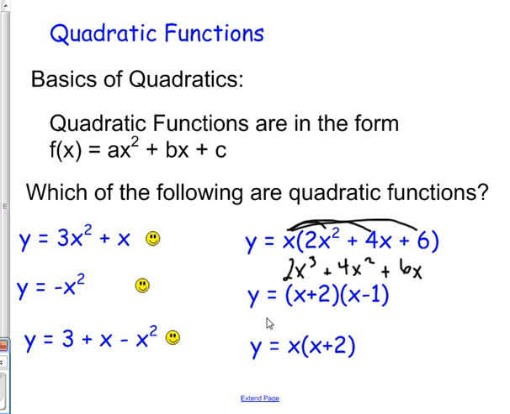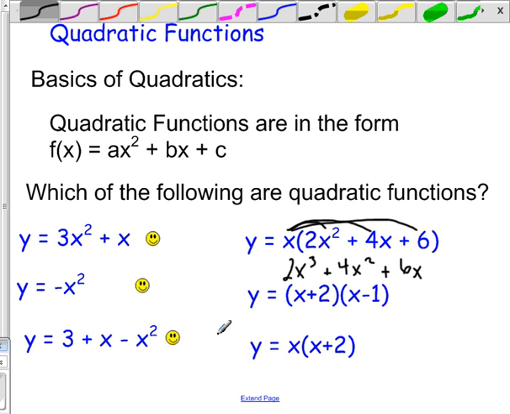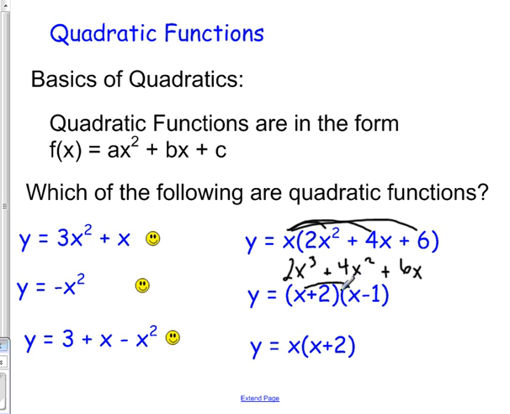The next one, it looks like we have to do a little bit of multiplying as well. Here we do some foiling. If you remember how to foil, you think of it as like double distributing. Some use the box technique. So we'd go x times x is x squared. Then 2 times x is 2x.